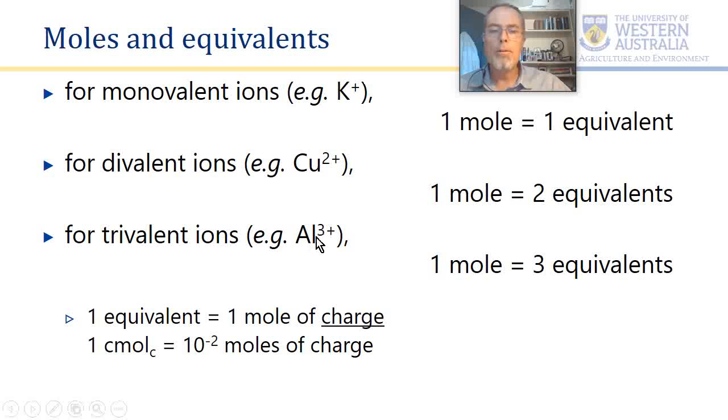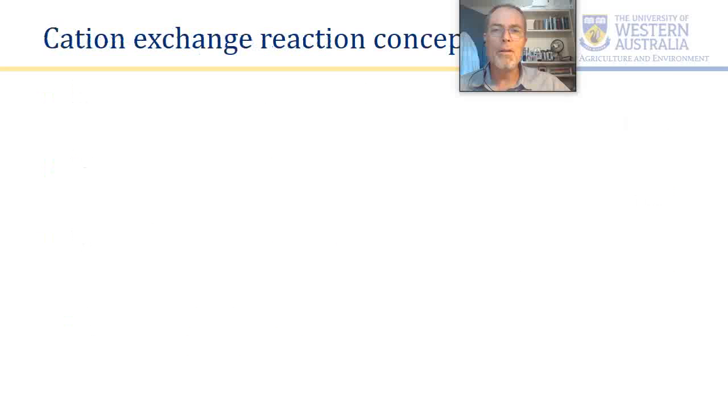And similarly for a trivalent 3+ cation like aluminium, 1 mole is 3 equivalents or 3 moles of charge. Right? And a centimole, which is the unit that we're using, centimoles per kilogram, is just 1/100th of a mole of charge. And that gives us nice numbers, basically. Numbers usually for Western Australian soils somewhere between 0 and 6. More details on that in your lab manual as well.